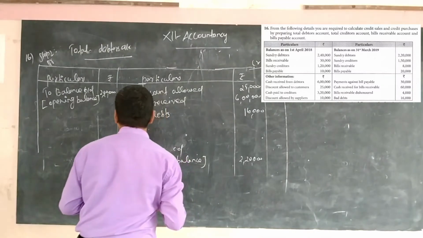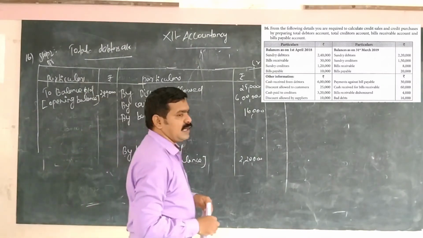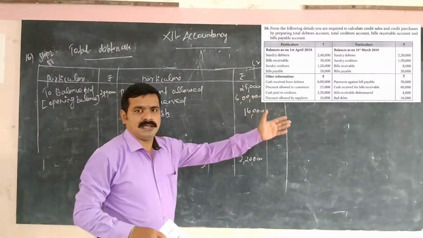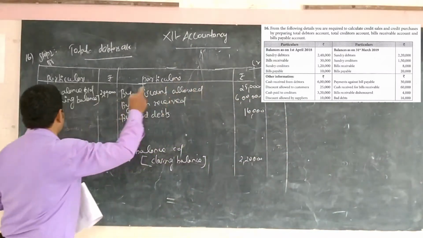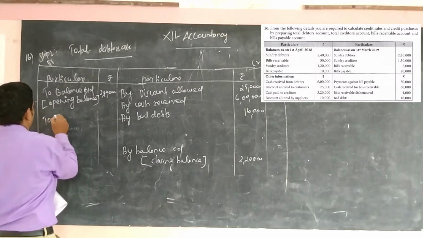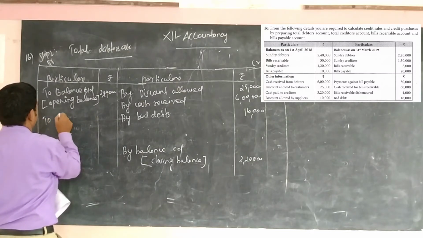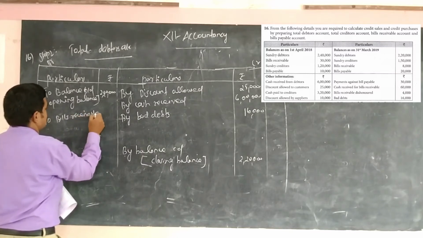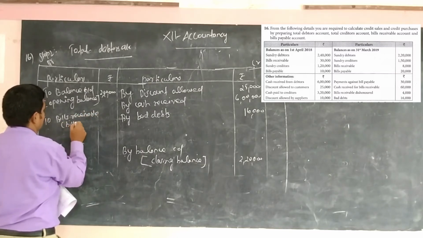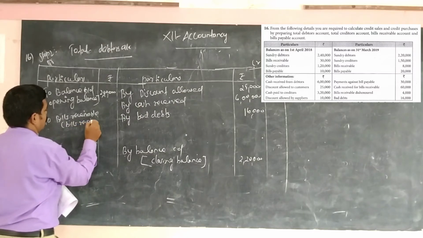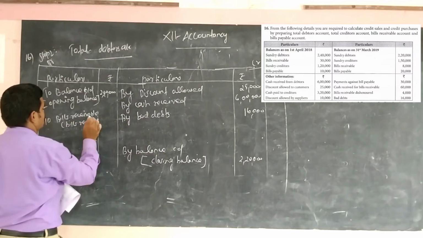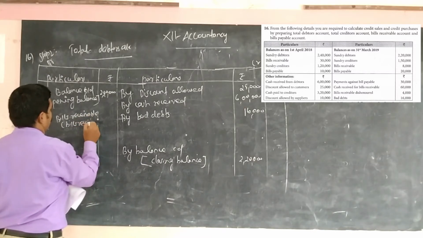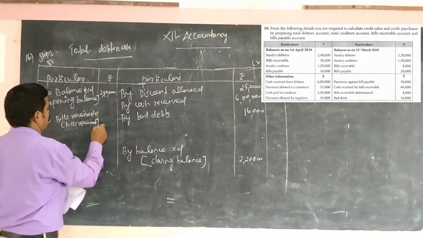Okay, so here next one, we already posted bills received dishonor in credit side. So it comes under bills receivable. Bills receivable, that is bills received or bills accepted.